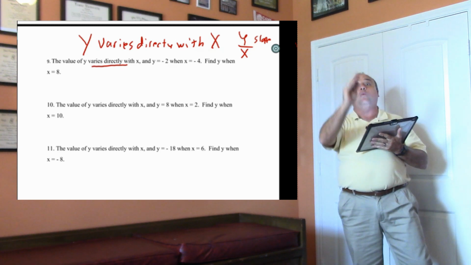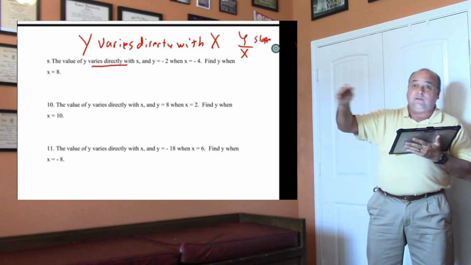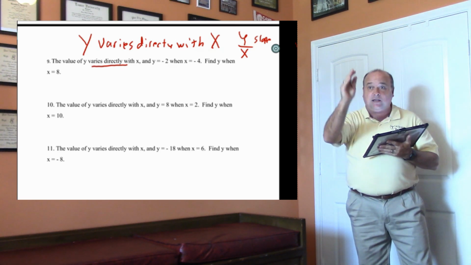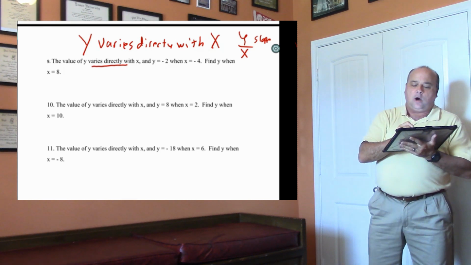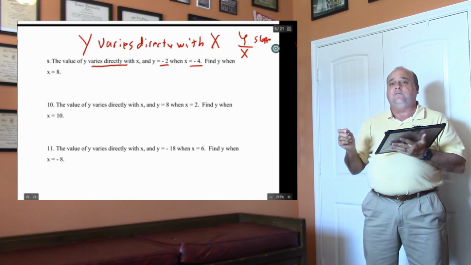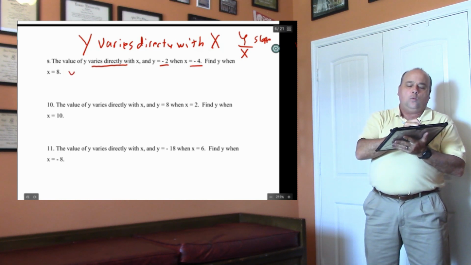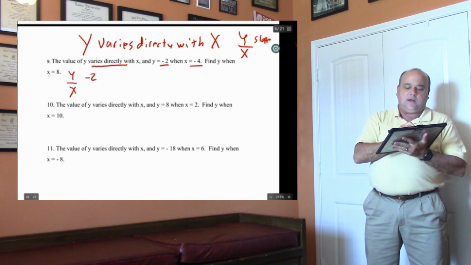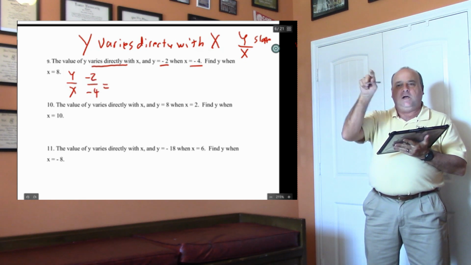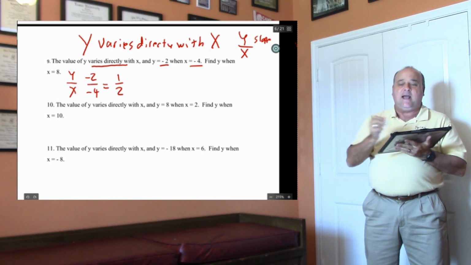It's the same thing as y is a function of x. So in this problem, our y is -2 and our x is -4, right? We're going to put y over x and get our k. So if I do that, I would put -2 over -4, punch that in the calculator, I would get 1/2.